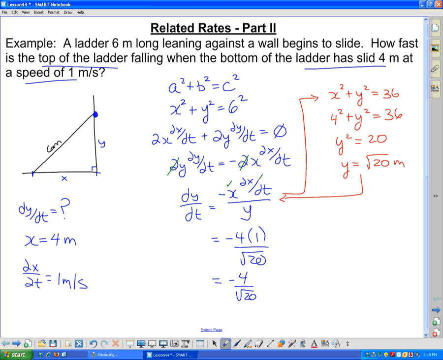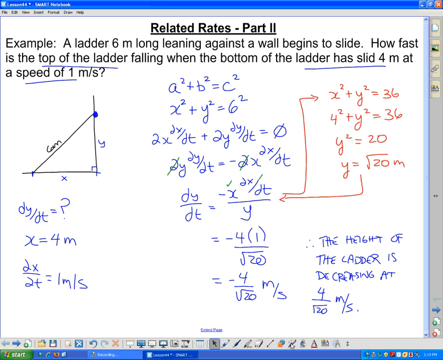And using your units, y is measured in meters and time measured in seconds. So therefore, the height of the ladder is decreasing at 4 over root 20 meters a second.